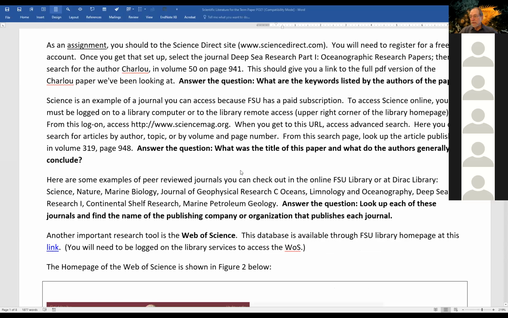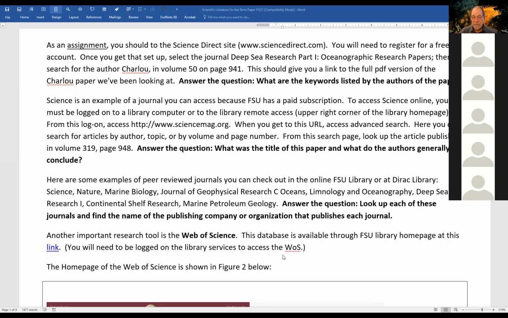But now I want to spend some time looking at a really important tool, and probably the only research tool that you actually need, which is the Web of Science. This is a database which is available through the FSU library homepage at this link, and this link is embedded here. To access the Web of Science, you need to be logged into FSU Library Services.